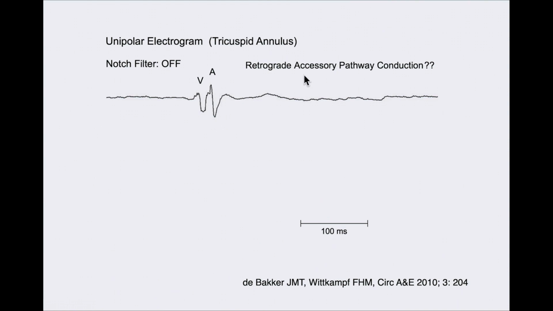It doesn't say what the rhythm is, but I suspect they were mapping retrograde atrial activation to localize a right-sided accessory pathway. If this is the ventricular and atrial potential, it's easy to assign timing or annotate the atrial signal. You could just take it at the most rapid part of the downstroke, and the same would be true for the ventricular signal.